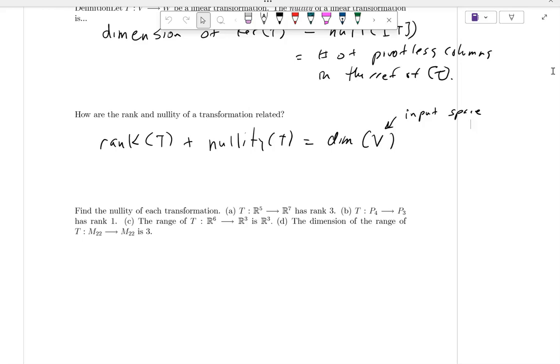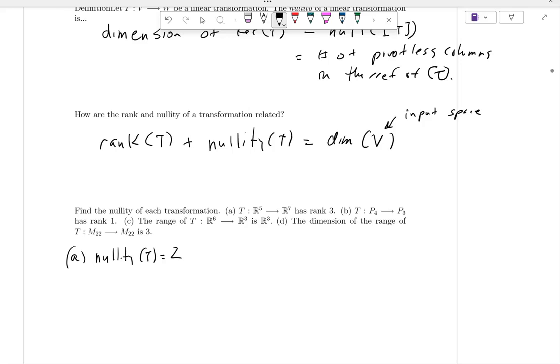Okay. So let's look at these examples that we have at the bottom here. It asks you to find the nullity of each of the transformations. It tells you that the transformation has rank 3. So what's the nullity going to be for part A? It'll be 2, right? If it has rank 3, the dimension of your domain is 5 here, so the nullity has to be 2.